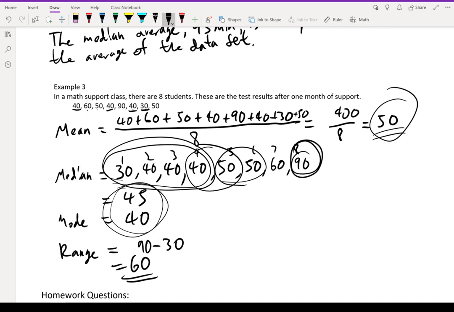When the range is big, the data is spread out by a lot, and when the range is small, the data is very concentrated. So this is a very simple lesson on mean, median, mode, and also range.